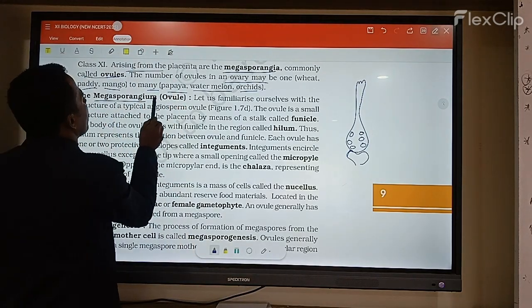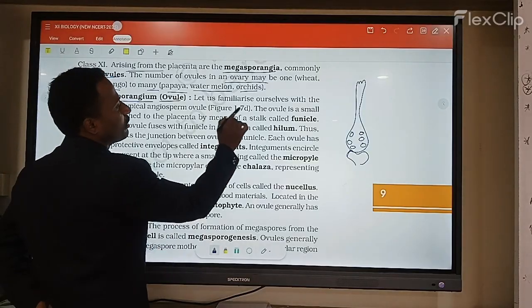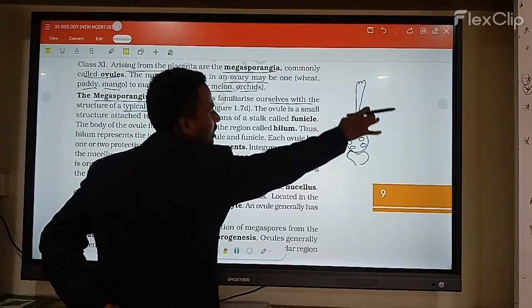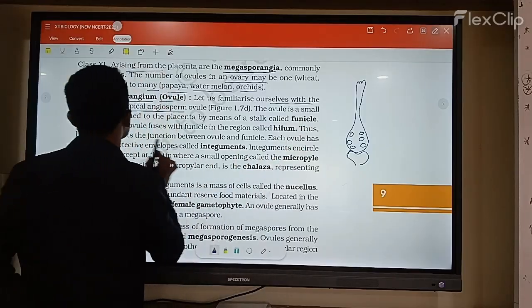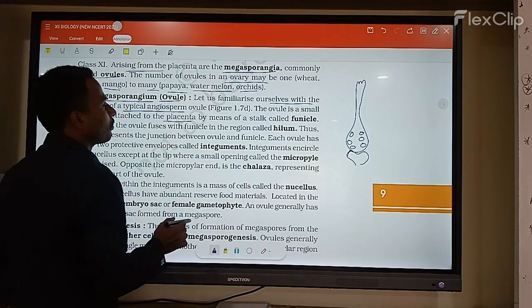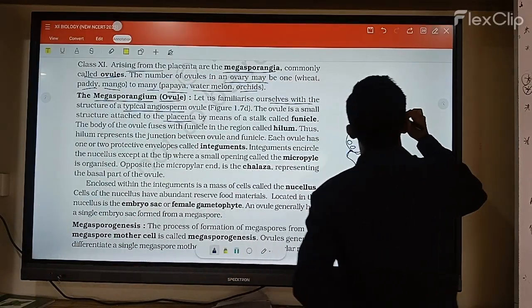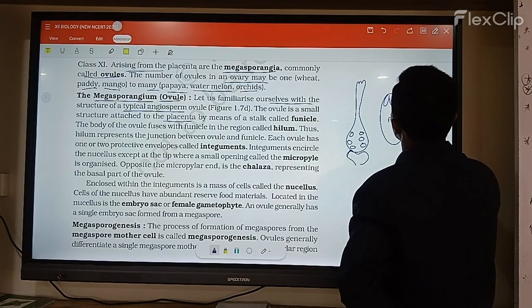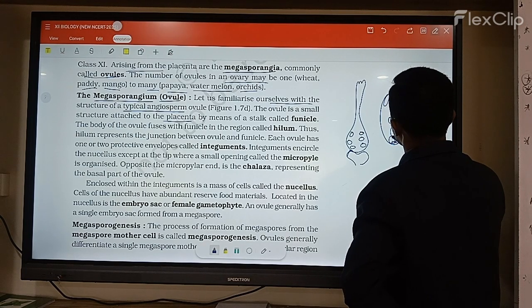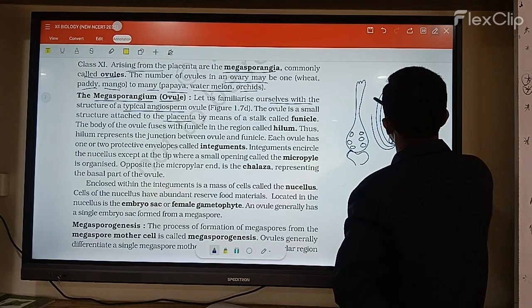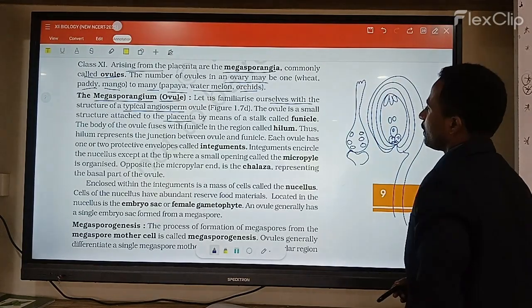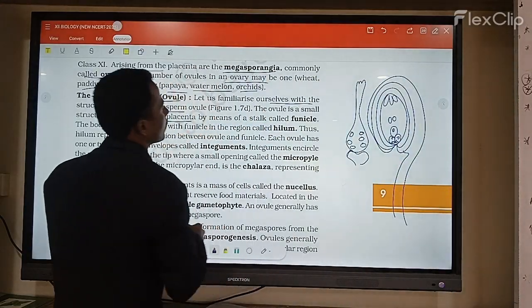Next, what is the name? Megasporangium, that means the ovule. Let us familiarise ourselves with the structure of a typical angiosperm ovule.